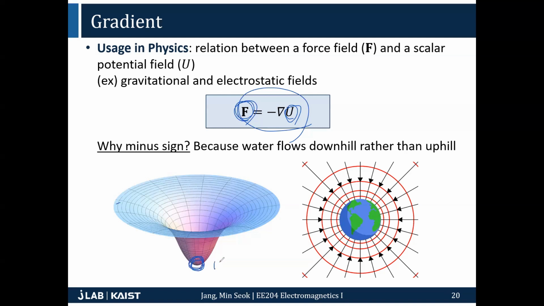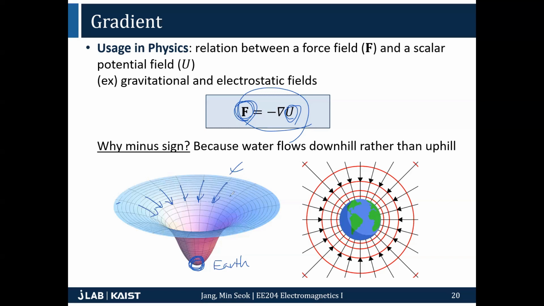So this is how your potential looks. If you have an Earth here, then your scalar potential looks like this: minimum on the Earth's crust, and becomes higher and higher as you move away from the Earth. And the force it feels is toward this direction, right? Any massive object feels the attractive force due to the Earth.